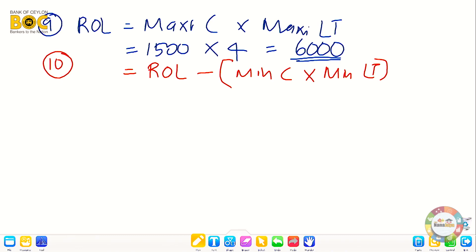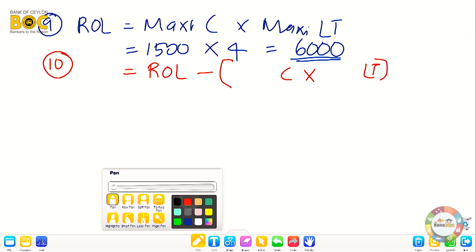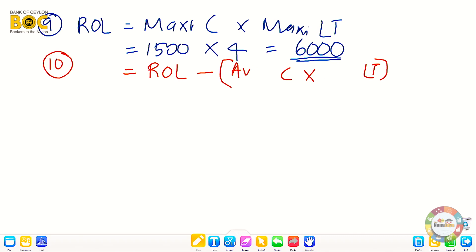The minimum stock level equals the reorder level minus average consumption into average lead time. The reorder level already calculated is 6000 units.